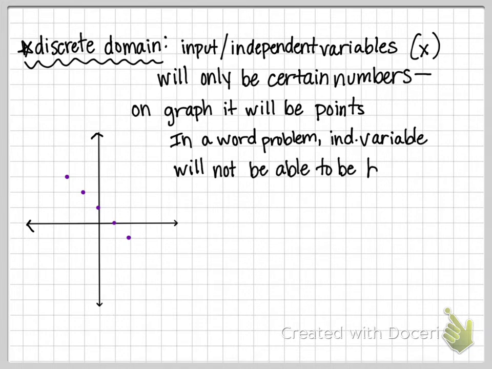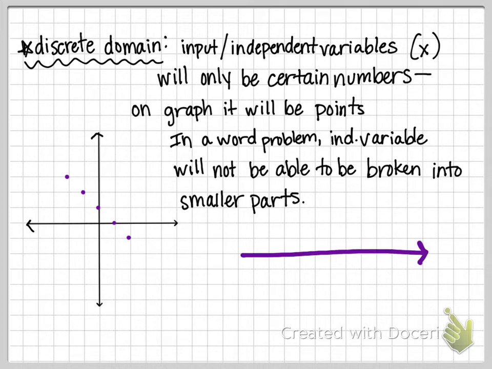In a word problem, you'll know that a domain is discrete because the independent variable will not be able to be broken into smaller parts. So the way that we determine discrete domain, if we're not given a graph, is you're looking at that independent variable. I'll show you an example on the next slide to see how we figure this out. It will be in a word problem.